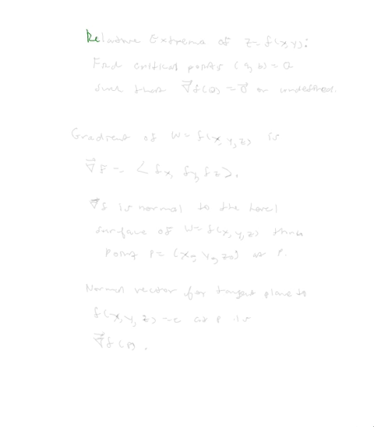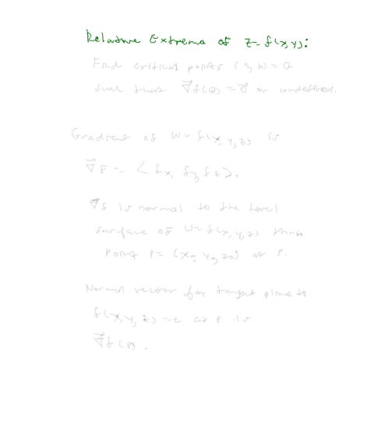Now, when we start talking about relative extrema of functions of two variables, z equals f of x, y, we recall from Calculus 1 that for a function of a single variable, if there's a relative extreme value at the point x equals a, then x equals a is a critical number where the first derivative is either 0 or undefined.